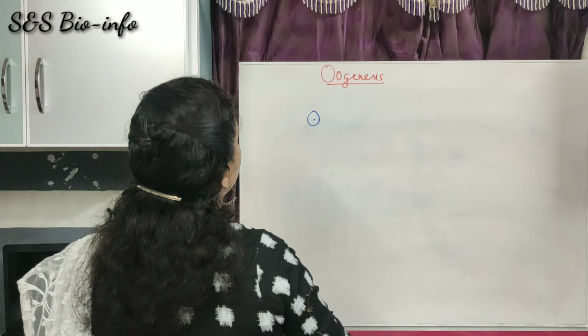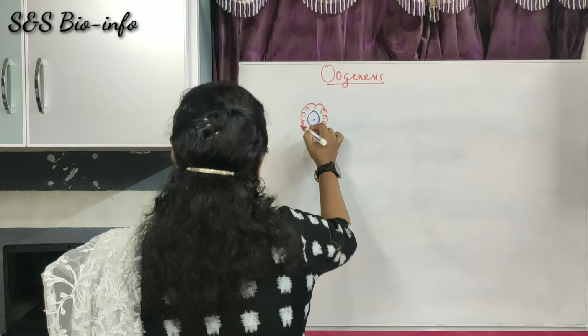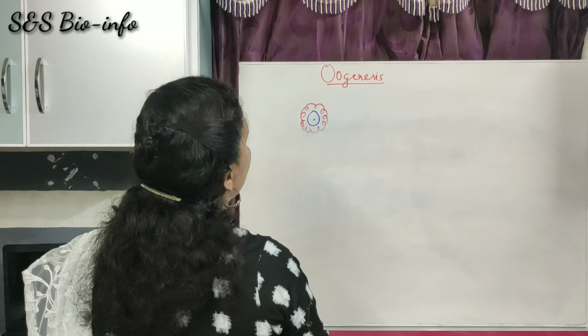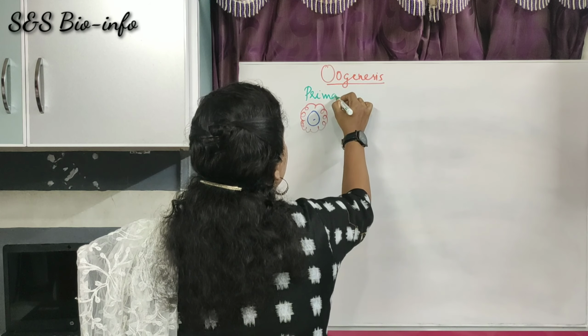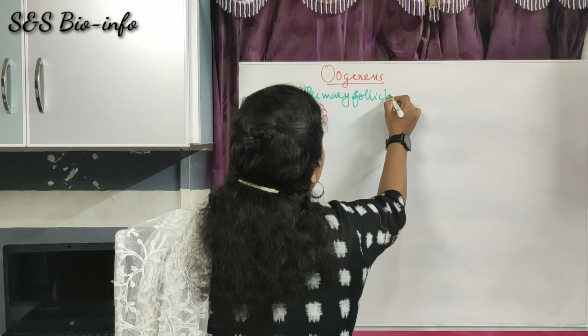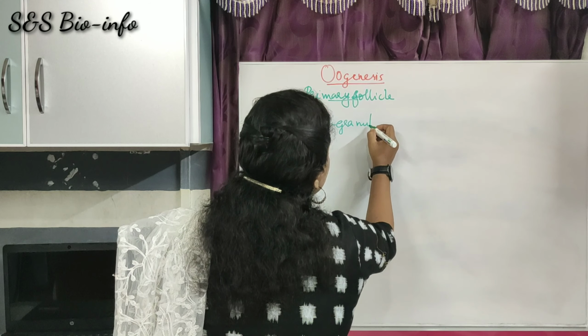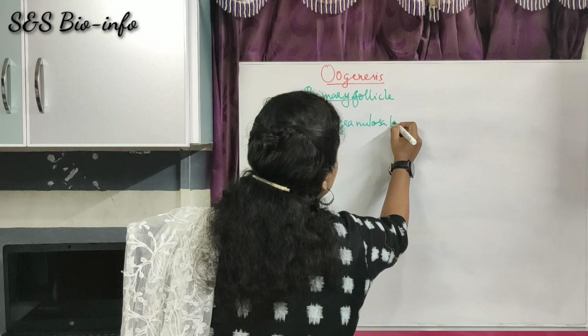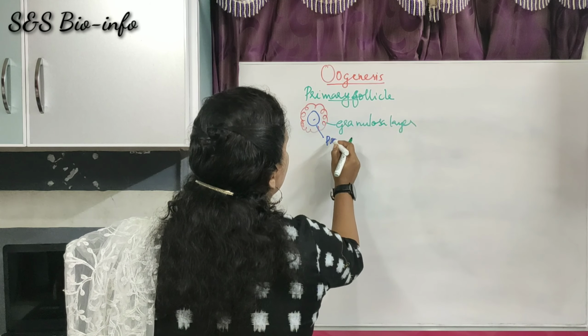It is surrounded by a layer of what? Granulosa cells. This particular structure is known as a primary follicle. This is the condition of one immature ovum, the primary follicle. This is the granulosa layer. Okay, this is the primary oocyte.